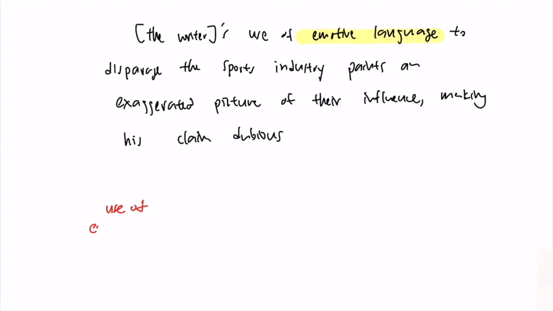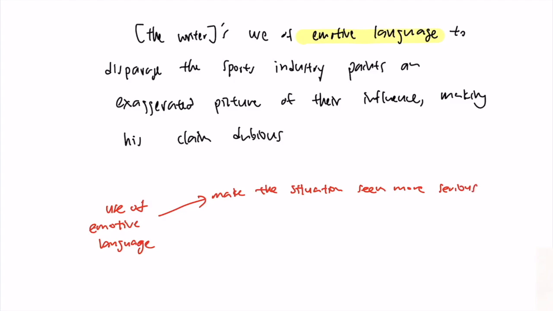So, usually when people use emotive language, what they are trying to do is make the situation seem more significant or serious than it already is, and is a form of exaggeration. Sometimes emotive language is used to provoke the audience, and the writer might be doing this in order to go for some sort of audience manipulation or emotional manipulation.